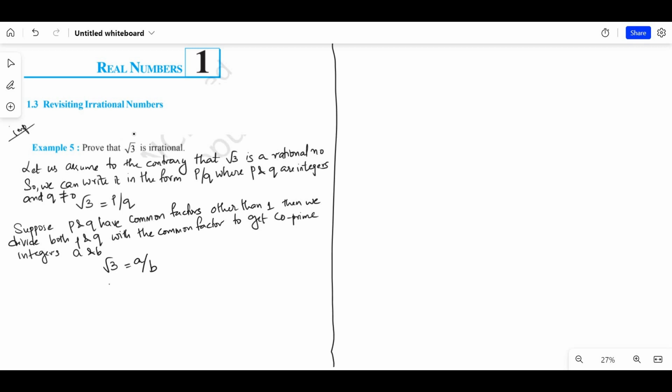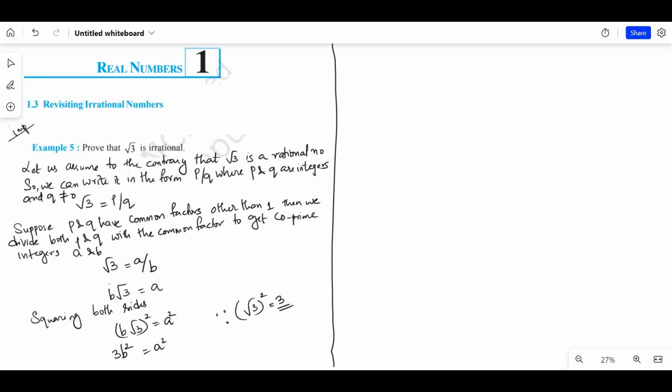So let's take b to the other side. So b was at the denominator in the RHS. When it moves to the LHS, it becomes numerator. So b into root 3 is equal to a. Squaring both sides, b root 3 the whole square is equal to a square, which means 3b square is equal to a square, since root 3 the whole square is equal to 3.